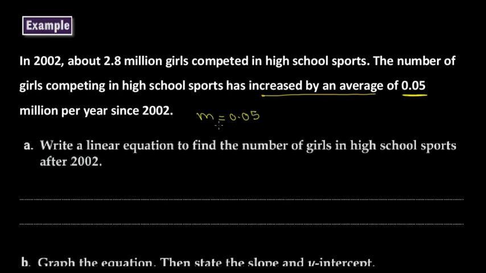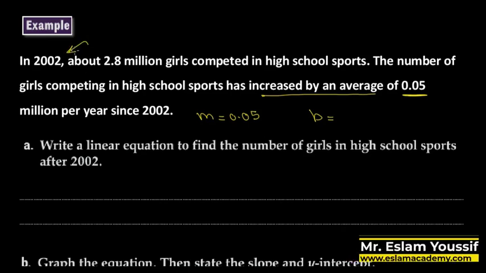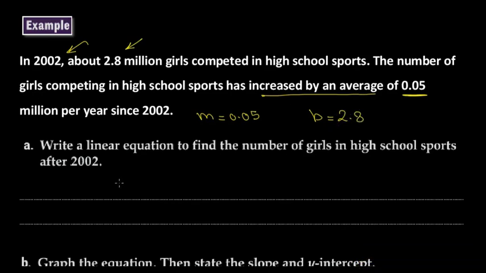To write any linear equation, we need to find the slope and the y-intercept. The y-intercept, as we said before, means the starting point. So in 2002, the number of girls started with 2.8, so b is equal to 2.8. So now the equation is y equals 0.05x plus 2.8.